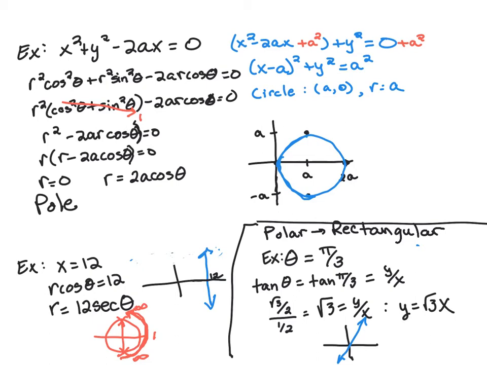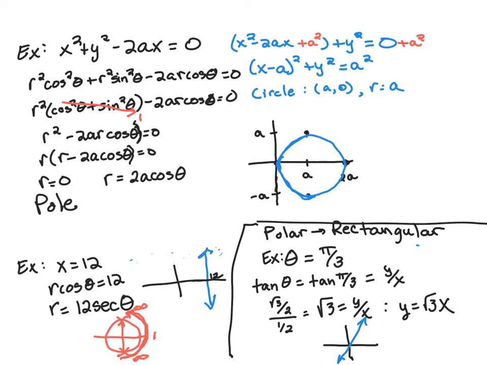So my r values here are going to go from 12 times infinity down here as my angle is approaching negative pi over 2. This is getting larger and larger as far as the distance from the origin. Then when I'm at 0, r is 12.